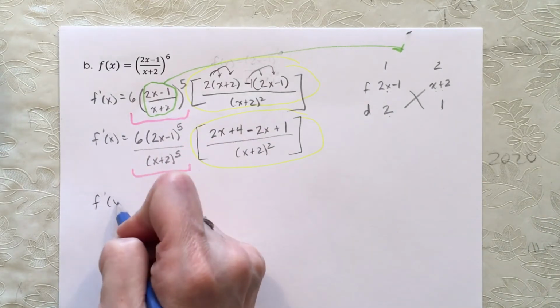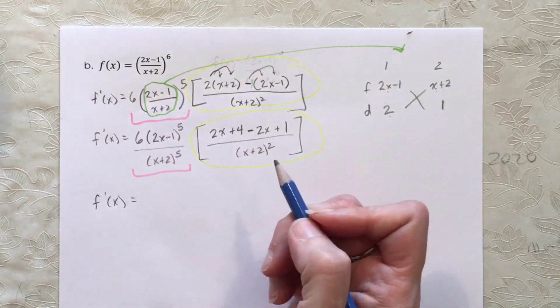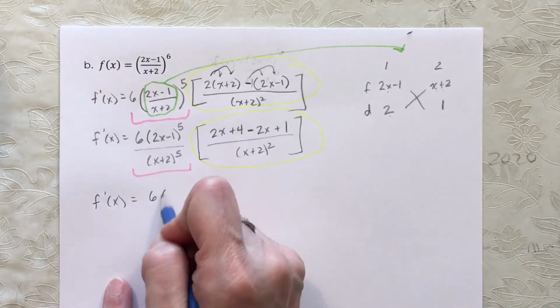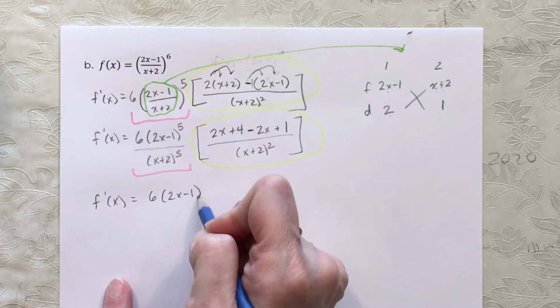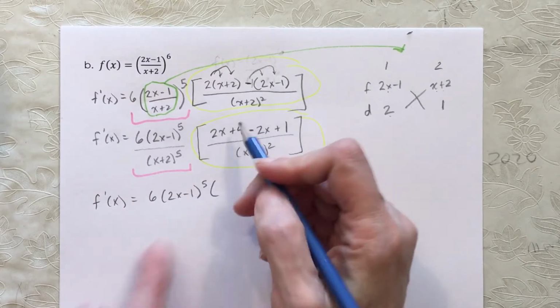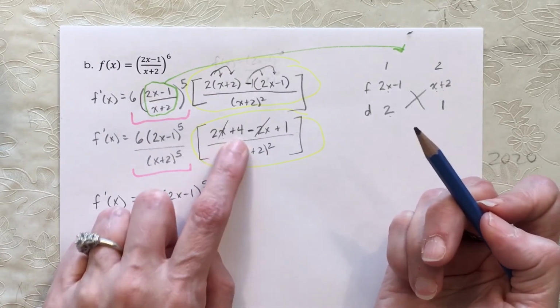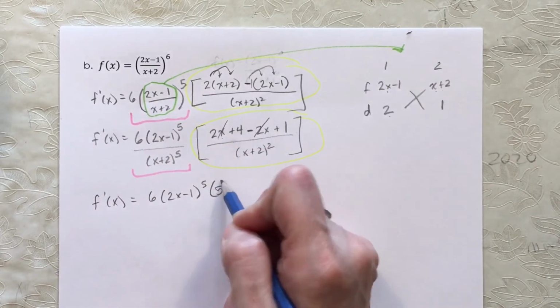f prime of x. So now I'm going to try to make a full numerator and a denominator. So 6 times (2x minus 1) to the 5th times, looking here in the numerator, 2x minus 2x is 0, 4 plus 1 is 5.